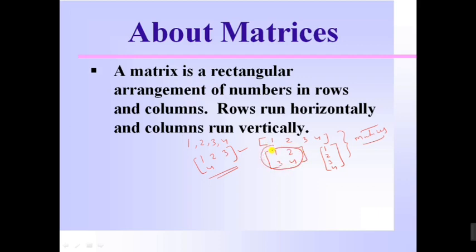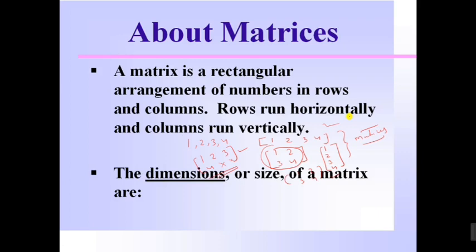Suppose I want to write 1, 2, 3, 4. This is also alright. So now remember, there should not be any gap in any rectangular arrangement, then only we can say this is a matrix.